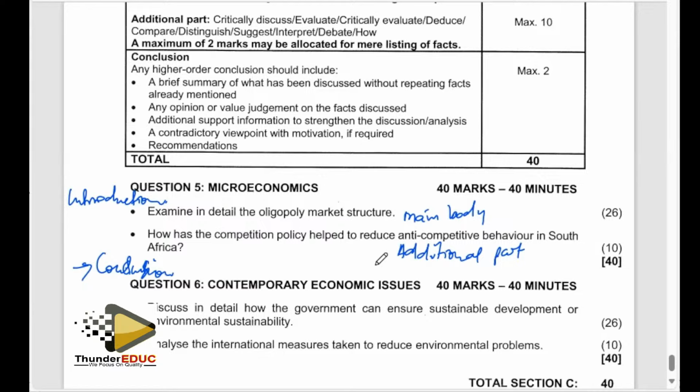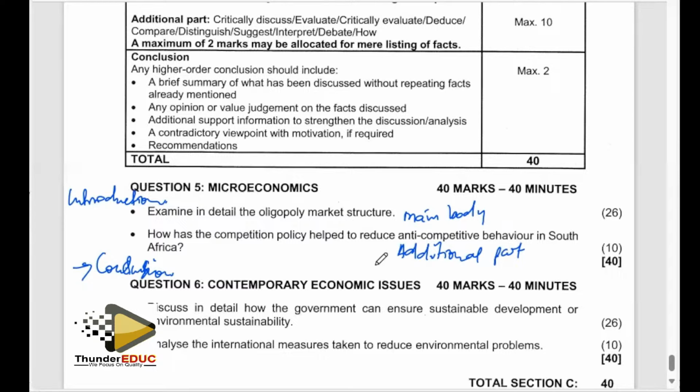And then if businesses are failing to follow such rules, then remember this Competition Commission will report to the Competition Tribunal. And if the Competition Tribunal fails to deal with the matter, then it can actually refer the matter to the Competition Appeal Court. Okay, right.